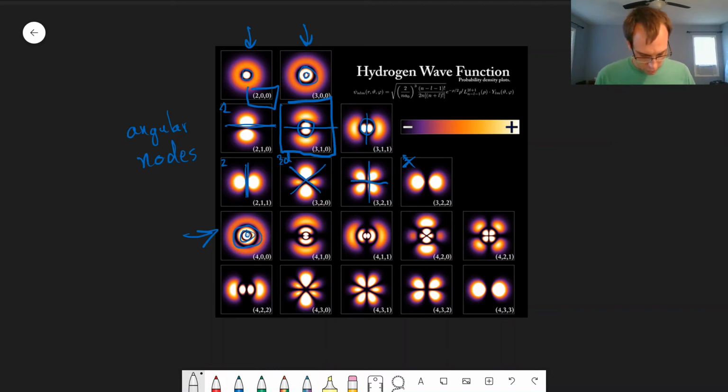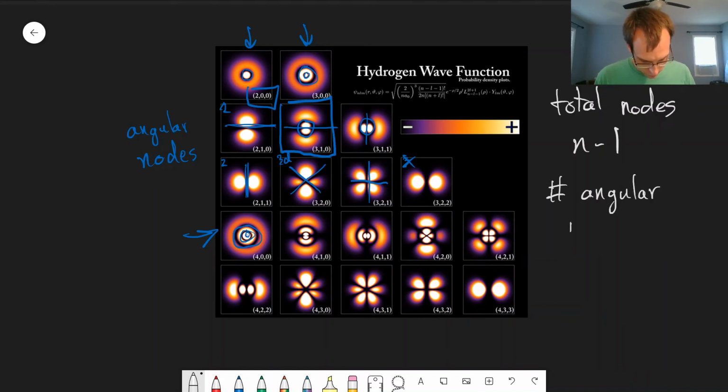Our total number of nodes is equal to n minus 1. For a 1s orbital, there are 0 nodes, no angular, no radial nodes. And our number of angular nodes is equal to l.